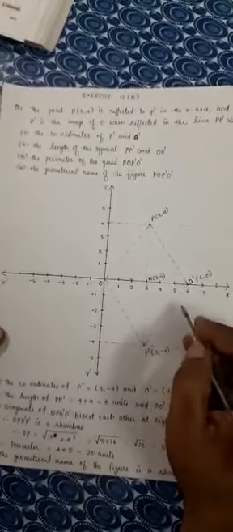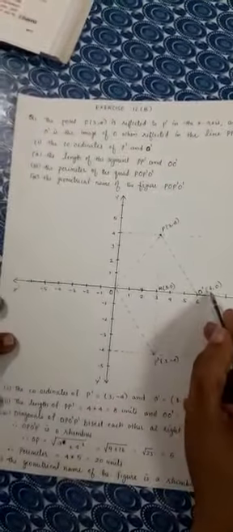Therefore, its image is 3 units on the right side. Therefore, the coordinate of O' is (6, 0). So, the coordinate of P' is (3, -4) and the coordinate of O' is (6, 0).